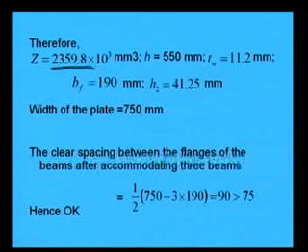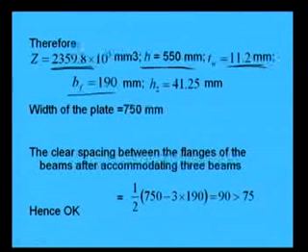And for ISMB we know H is 550 millimeter and thickness of the web is 11.2 millimeter. All these things we can find out from the SP6 table, right. Width of the flange BF we are going to get 190 millimeter and H2 we are going to get 41.25 millimeter, right.